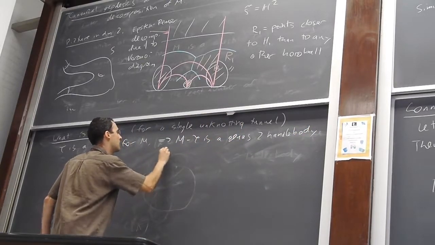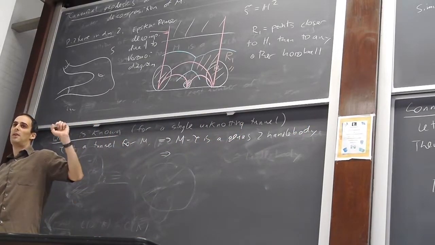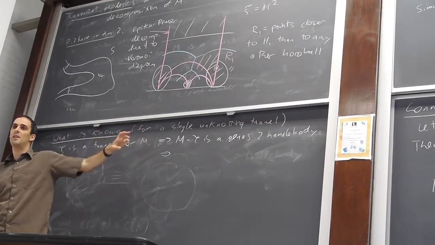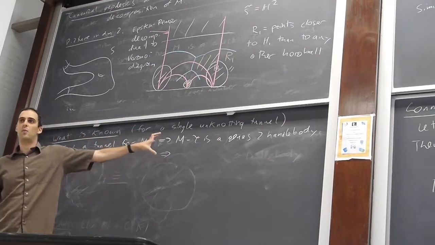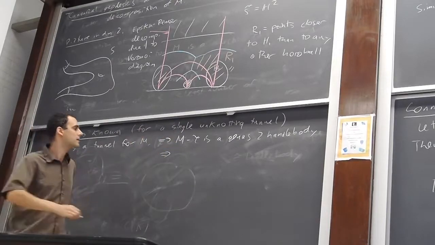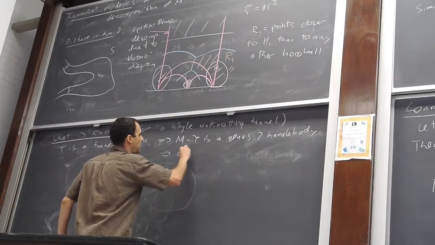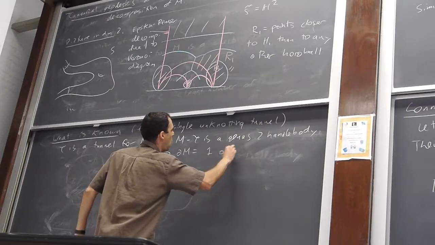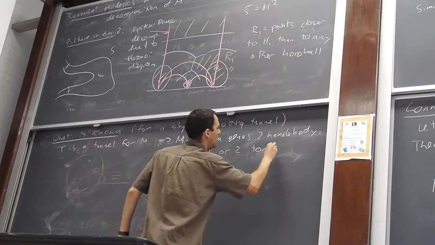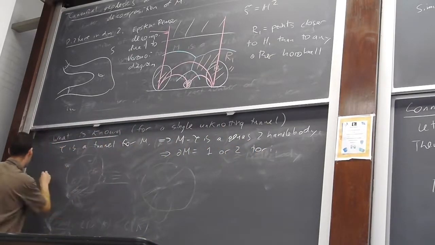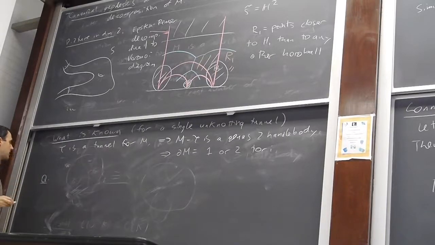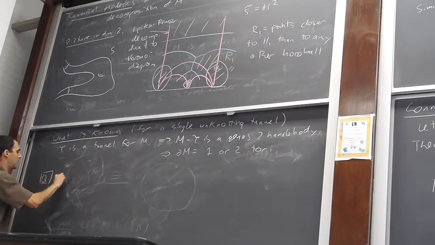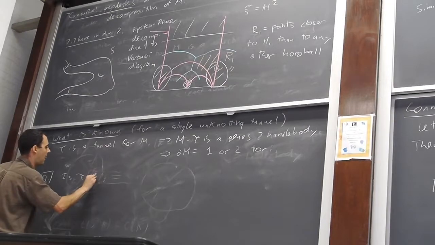And of course, to cut up your manifold into a handlebody, you have to connect all the boundary components. So that means that you only have one or two boundaries in this special case. So boundary M is 1 or 2. So let me first address the first question, is it geodesic?